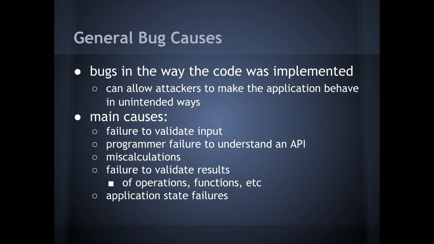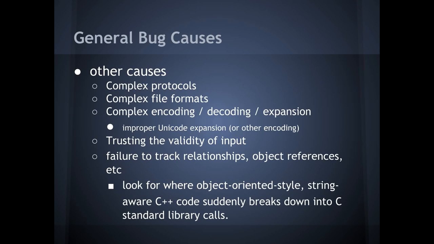So there are some general causes for bugs, basically involved in the way things are implemented: failure to validate input, failure to understand the API, miscalculations, failure to validate results or check errors, or application state failures. Perhaps they were caused by complex protocols, complex file formats, complex encoding, decoding, et cetera.